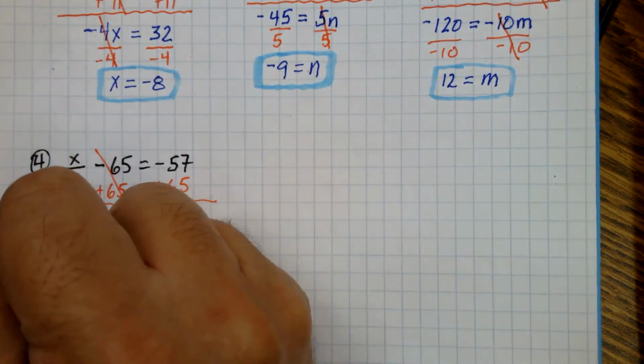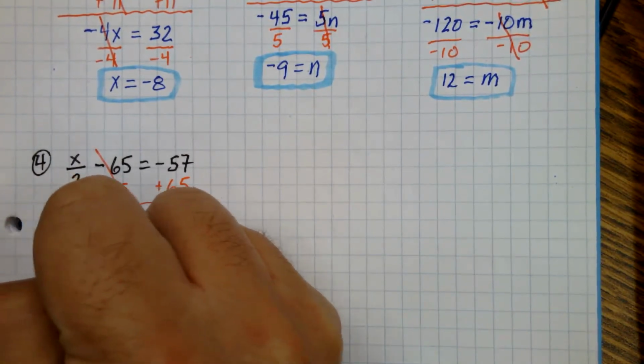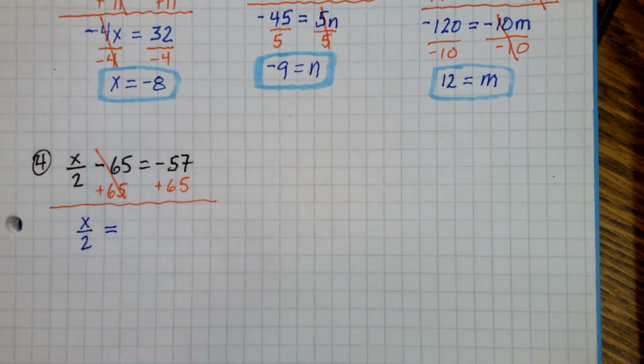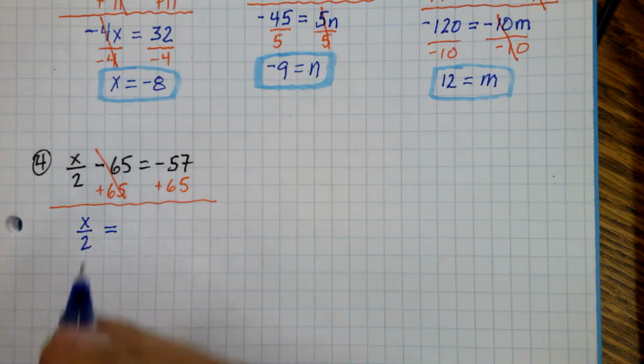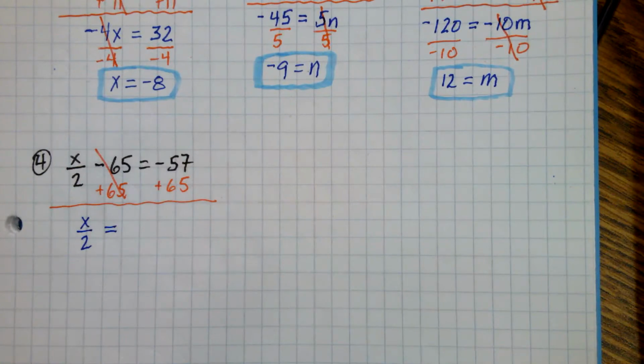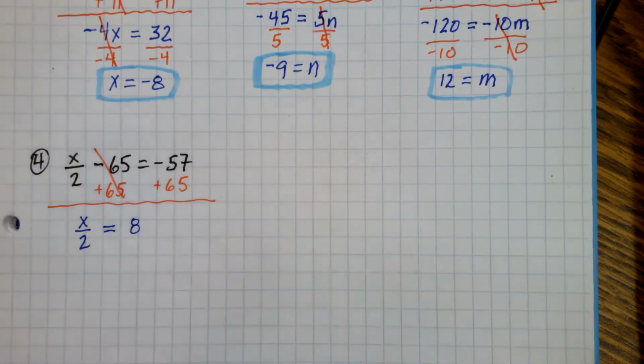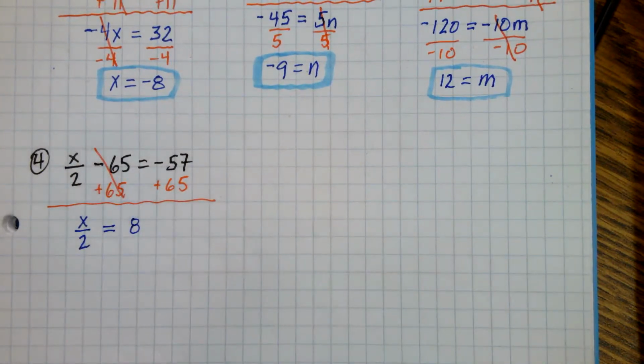We still get x over 2 equals, and let's see, what's that going to be? Negative 57 plus 65? Do we get 8? 8 it is. So we get x over 2 equals 8. And we want to get rid of that dividing by 2. Think of it as dividing by 2.